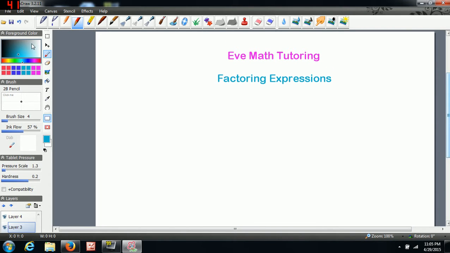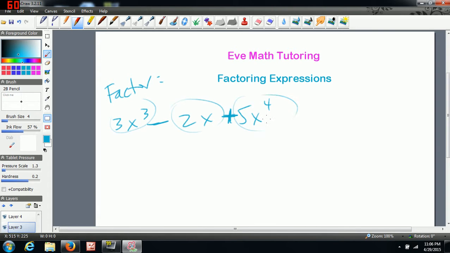Say we were asked to factor the following expression: 3x cubed minus 2x plus 5x to the 4. When you're factoring, you have to think of the biggest thing that you can factor out of every term in your expression. What I mean is each thing that's separated by a plus or minus. You're going to look at those.